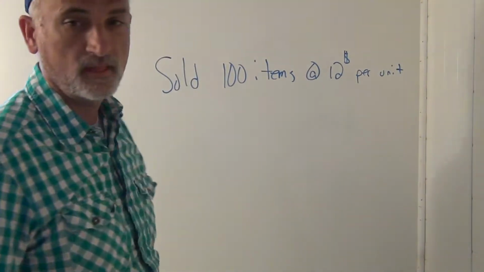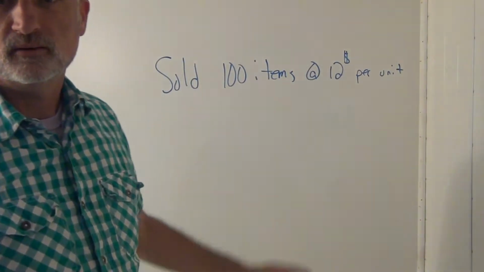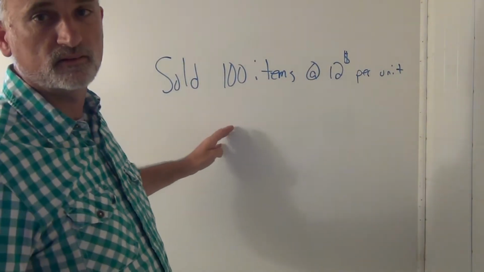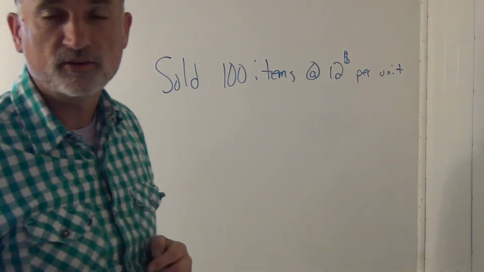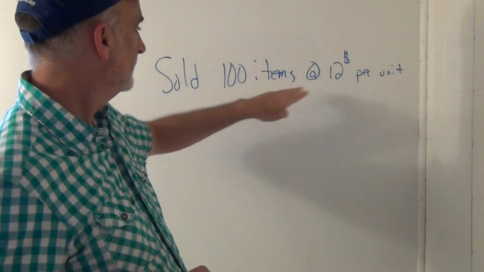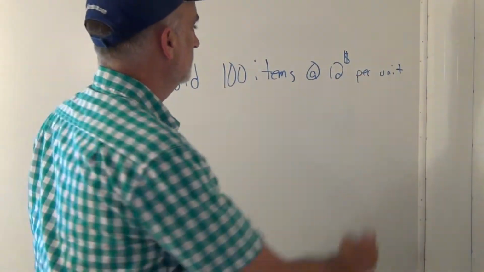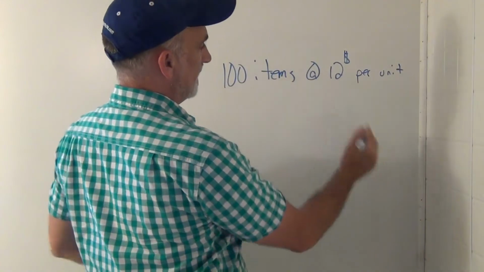Okay? So, you need to quickly learn to look at that and see that they would make $1,200. I got the 12 and I just added the two zeros behind.